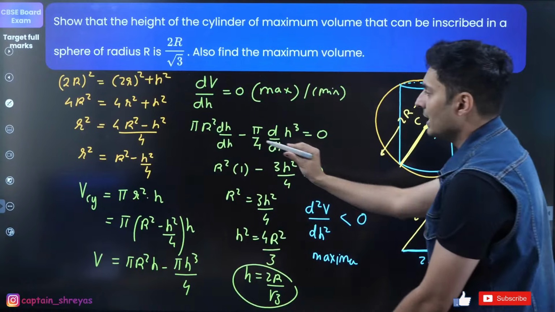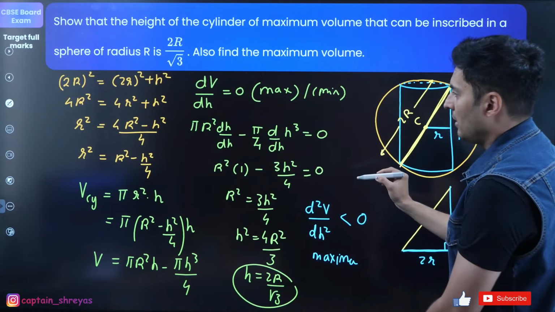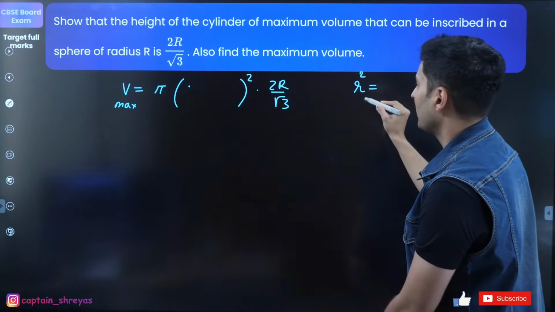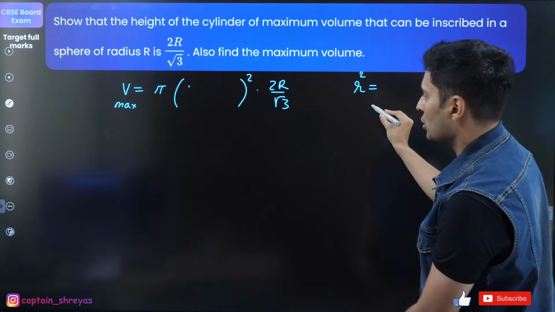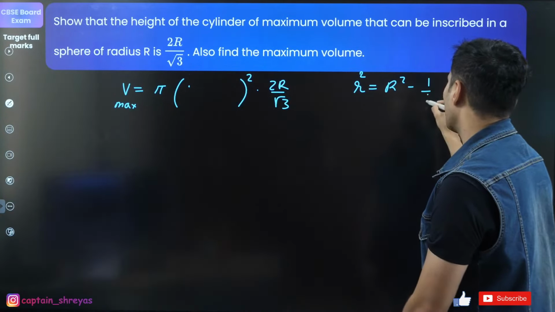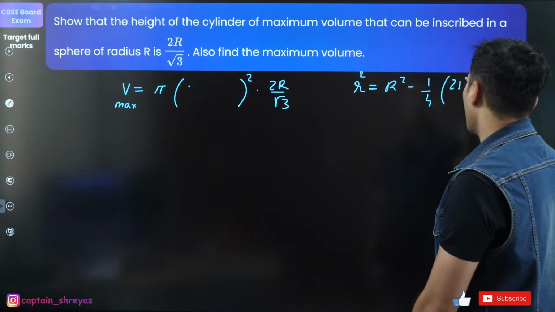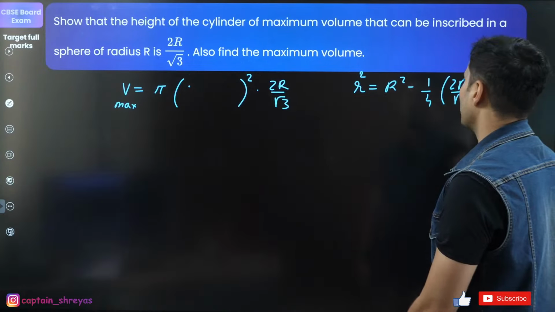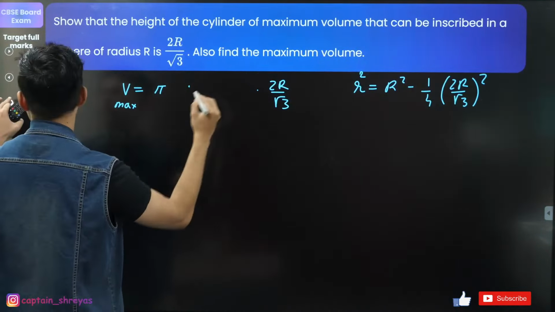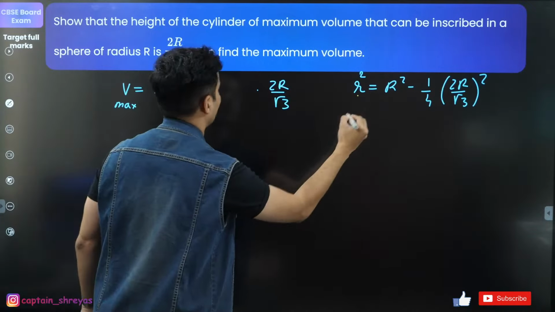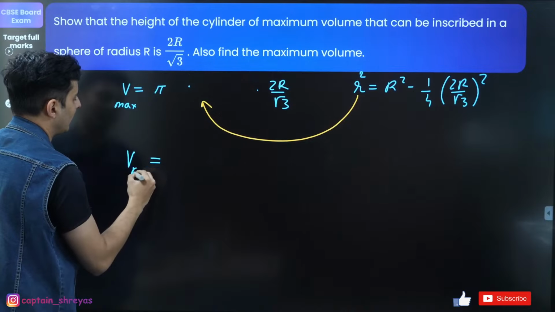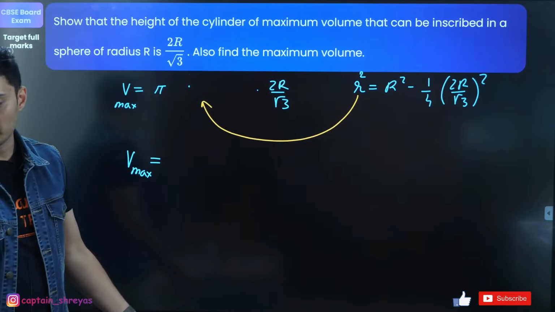Small r square will be how much? Check this out. R square minus h square by 4. H is basically 2r by root 3 whole square. So just substitute that over here and find the max volume. That thing I think you can do.